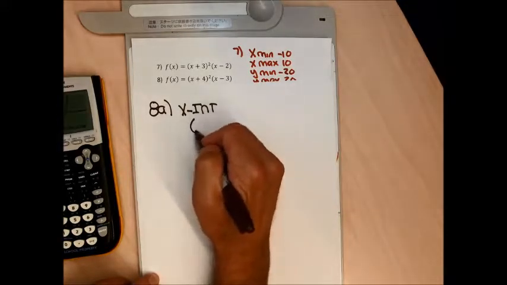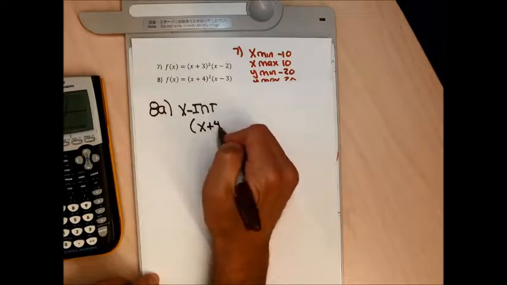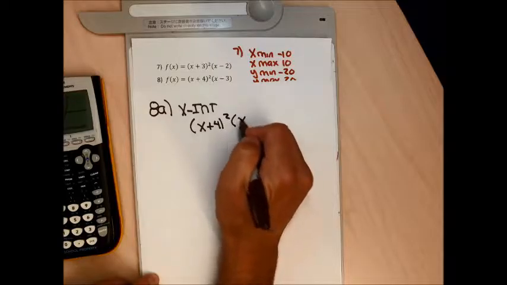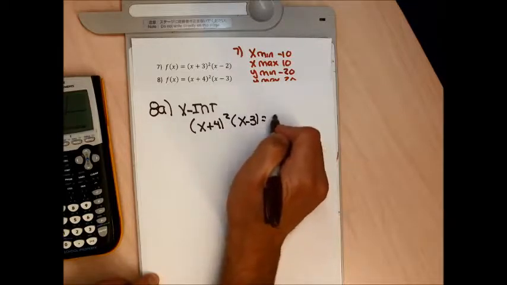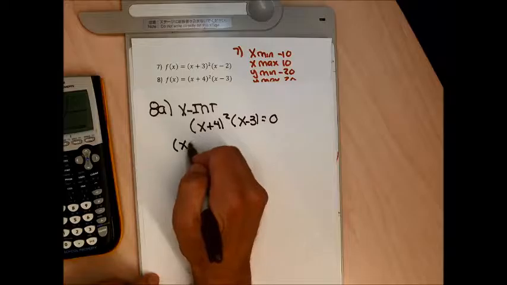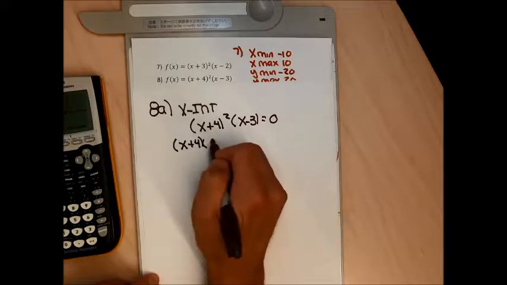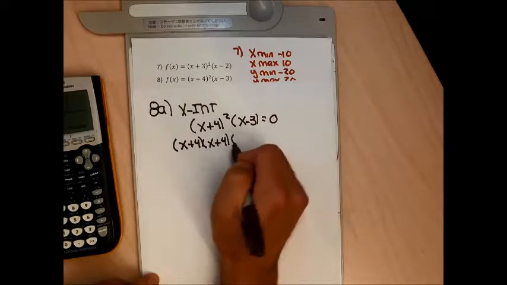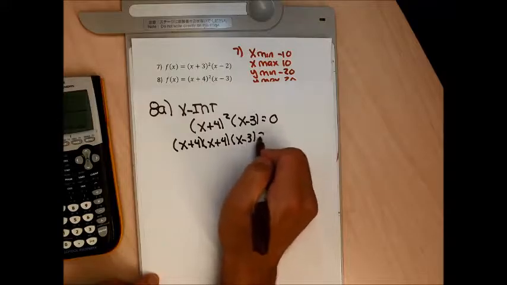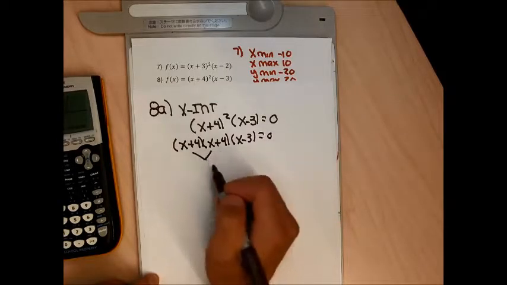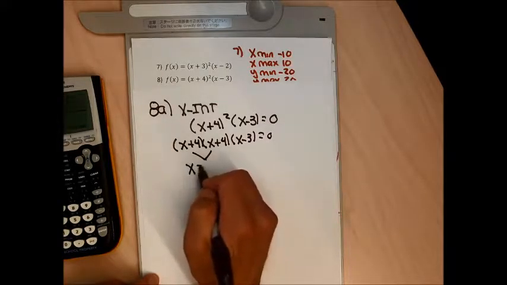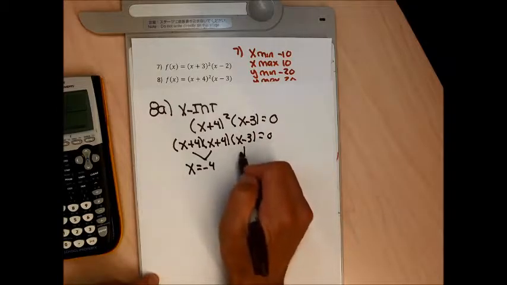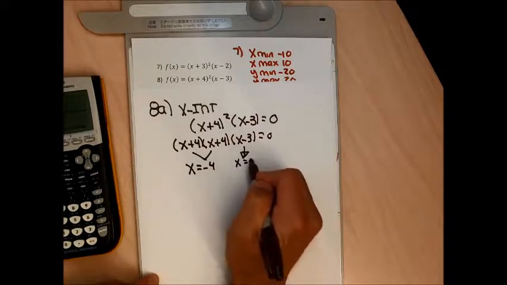And I do that by taking the function and setting it equal to 0. Technically, I should go x plus 4 times x plus 4 times x minus 3 equal to 0. Both of these are going to give me x equal to negative 4, and this is going to give me x equal to 3.